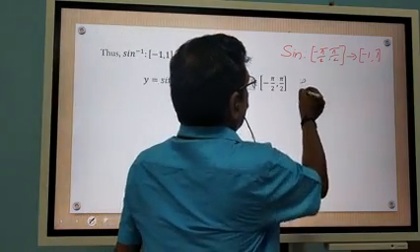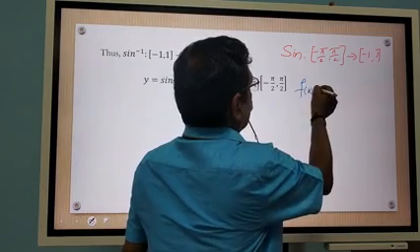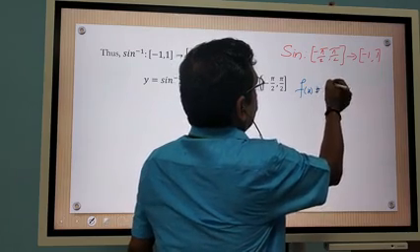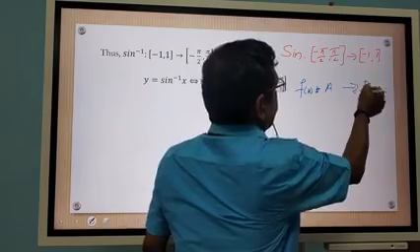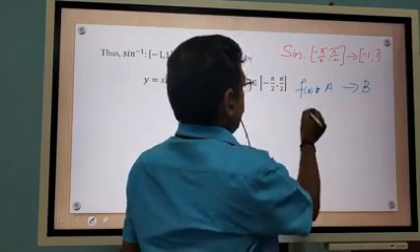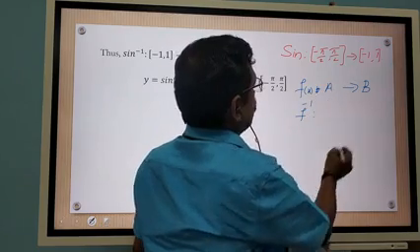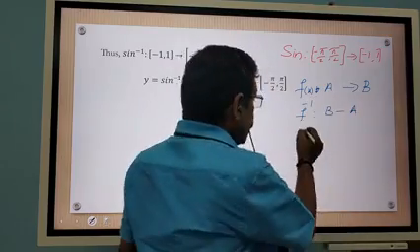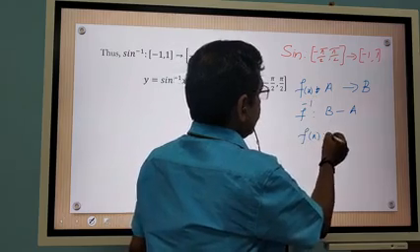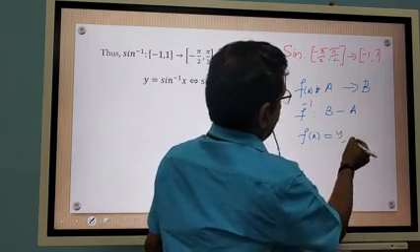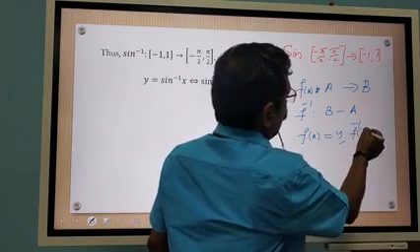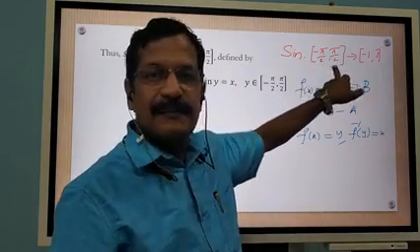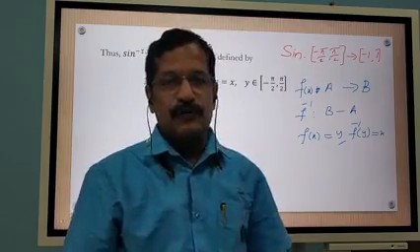Suppose f is a function defined from A to B. Then f inverse is defined from B to A. And if f of x is equal to y, we write f inverse of y is equal to x.